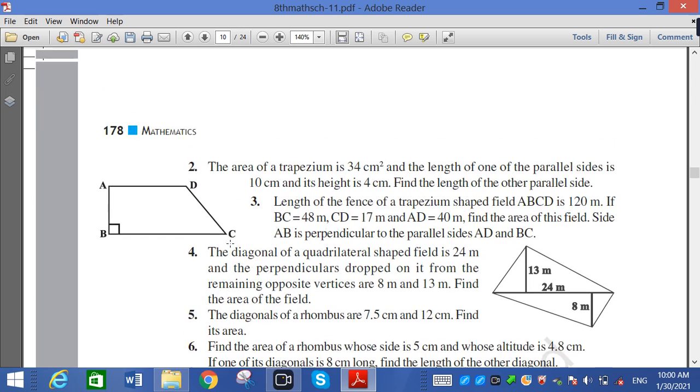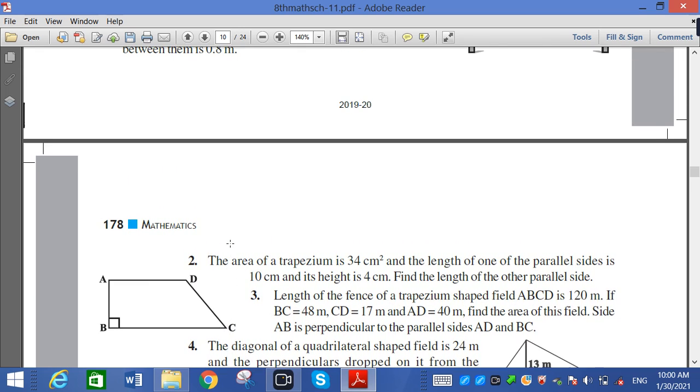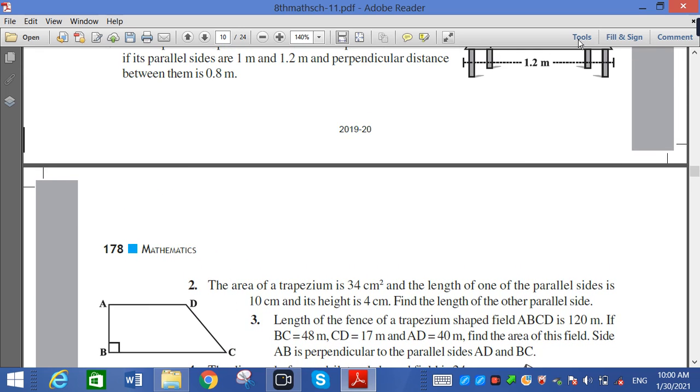Now one more sum, the second sum. More sums are there, so we go up to 2 sums, then we go for the next. The area of the trapezium is given. Area of trapezium is equal to 1 by 2 h into a plus b. The area is given as 34. Height is 4. Length of the other parallel side, so one is 10 plus b.